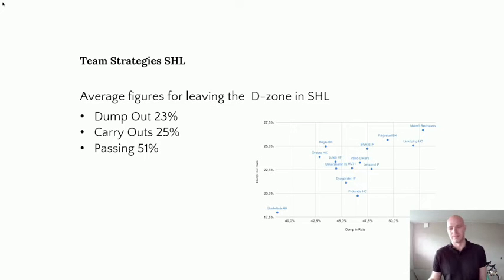Frölunda is another team famous for having a low dump out rate but a fairly higher dumping rate. On the other side of the graph we have Malmö and Linköping. HV71 was relegated that season to Hockeyallsvenskan, and you can see they are the most average team. But there are obviously completely different strategies for how to play the puck.